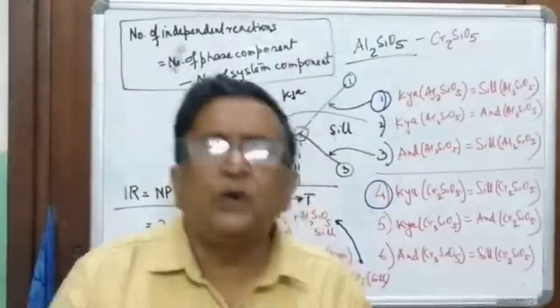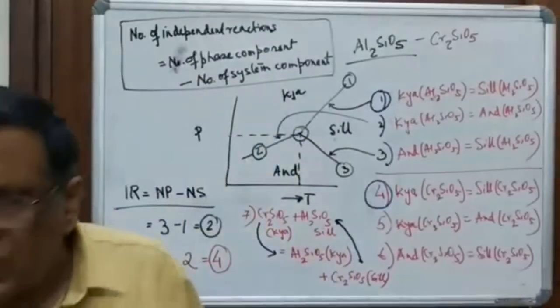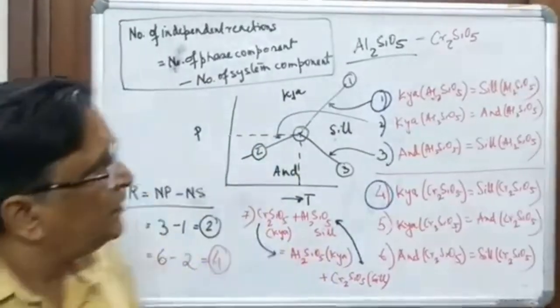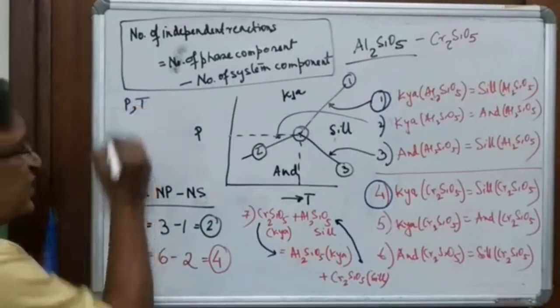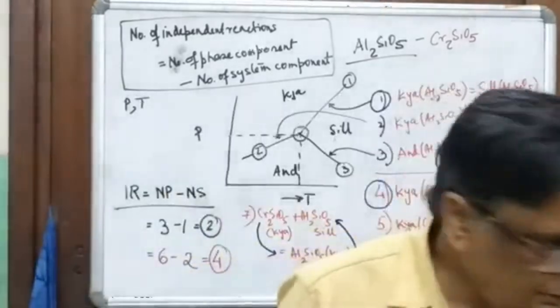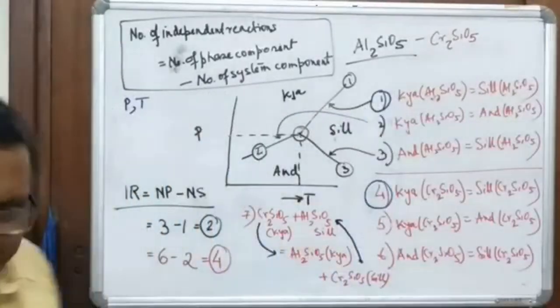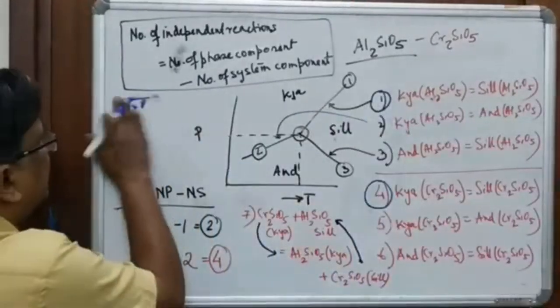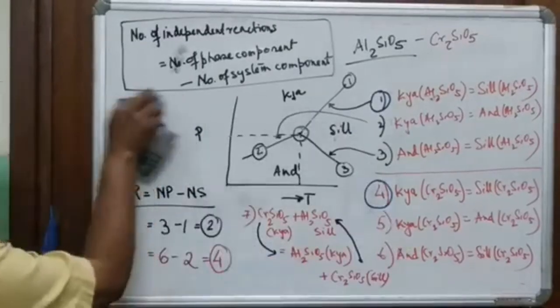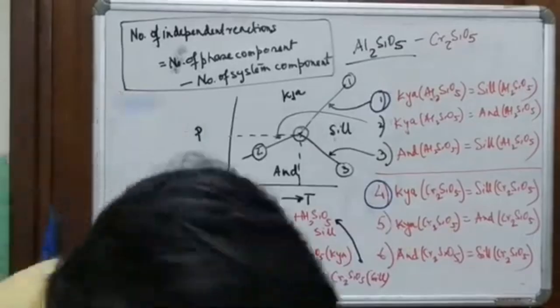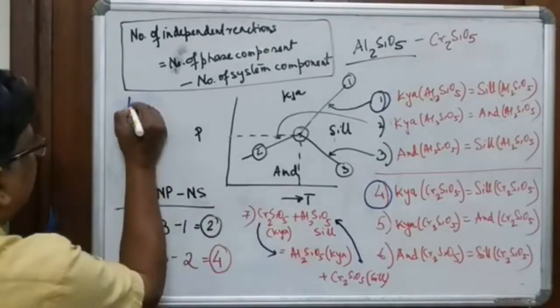Now my question is, what are the variables in the system? We know now, of course, pressure and temperature are variables. Okay, I will write it one below the other. That would be better.